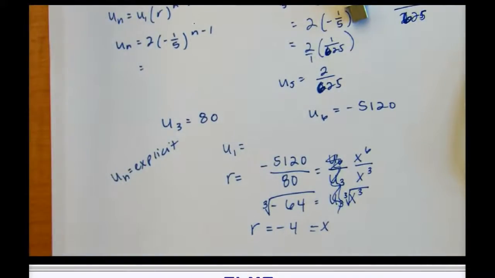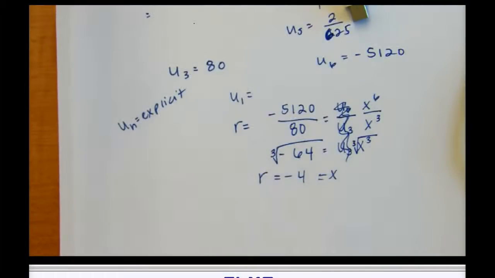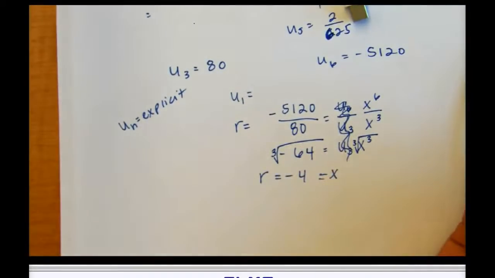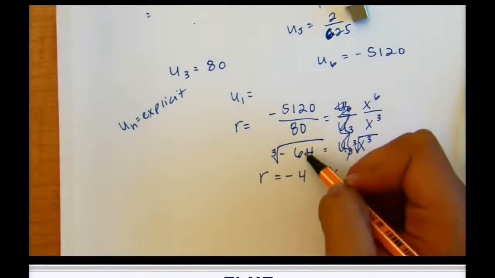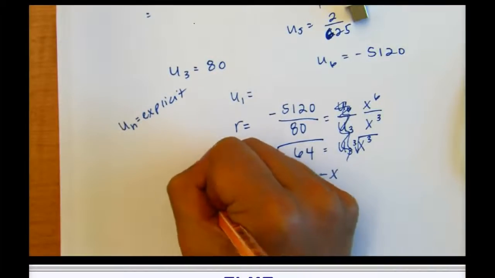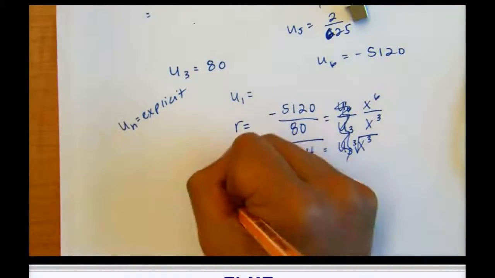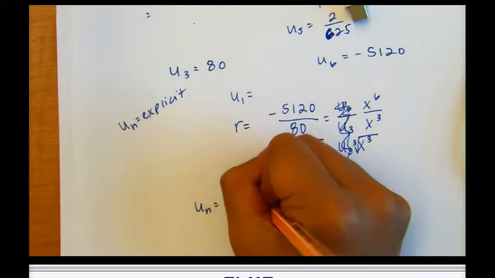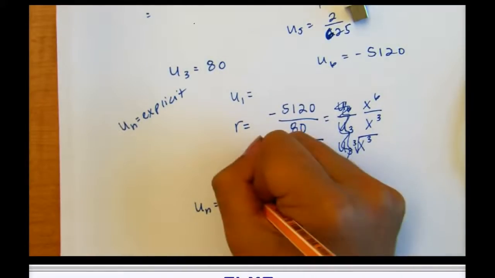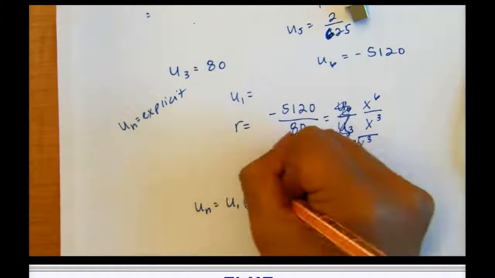Okay, so that's my first piece. The next piece is that I need to know what u sub 1 is. What's going to be helpful is when I figure out the explicit form. So I'm going to substitute in what I know so far, which is just the ratio. So I'm going to get u sub n is equal to u sub 1 times r, or sorry, times -4, to the n minus 1.